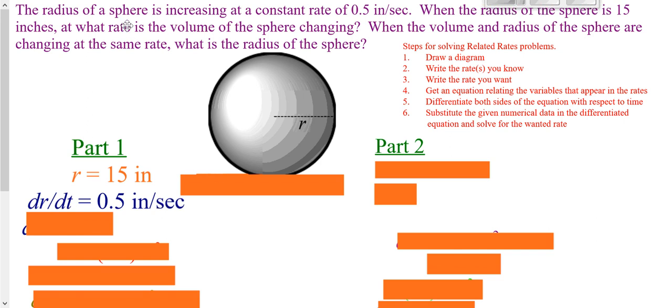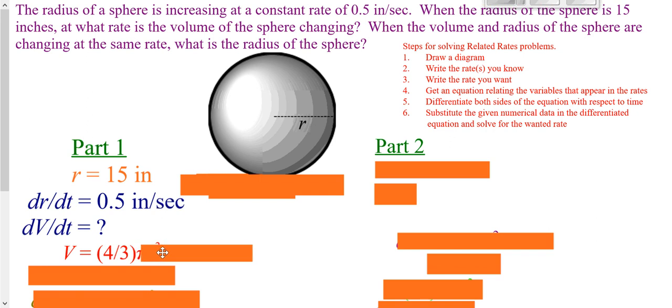Well, rate of change is a derivative, so it's derivative of volume, so it's a dV/dt is what we're looking for. Well, what's relating our variables here, our radius to our volume of a sphere? Well, it's the formula for volume of a sphere. V is equal to 4/3 pi r cubed. So we need to take our derivative of this with respect to time.